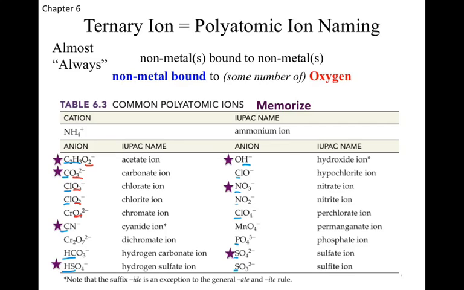Oxygen happens to be one of the more reactive species, which is why it tends to pair up with a lot of these complex ions. Okay, so you'll notice that there were some exceptions.